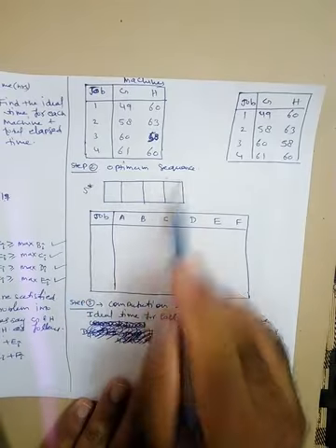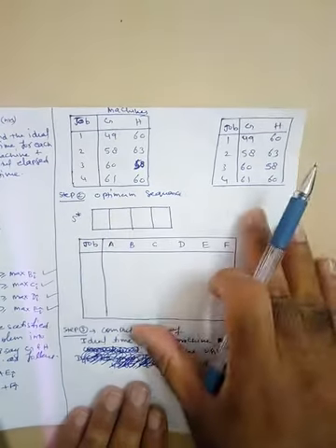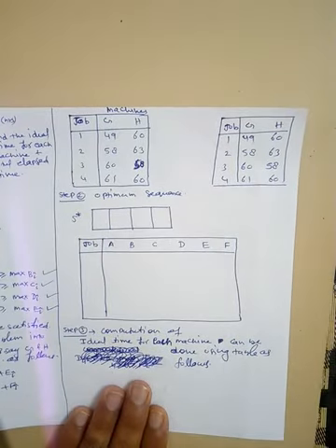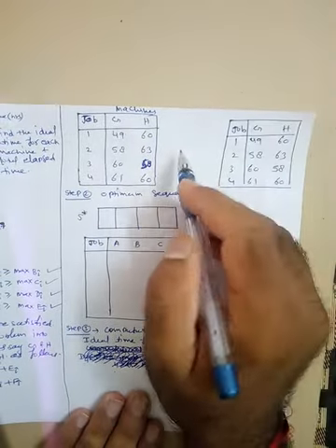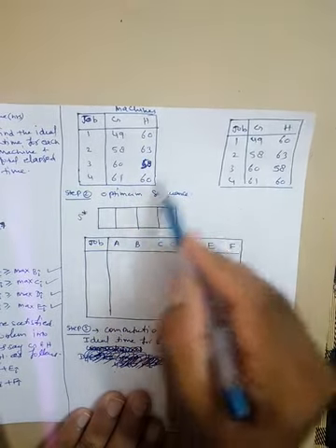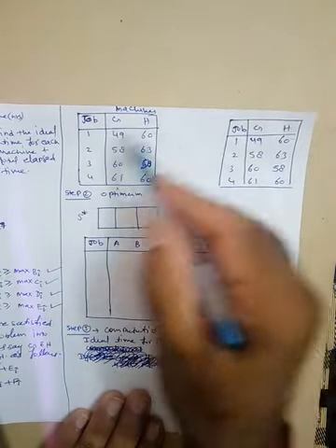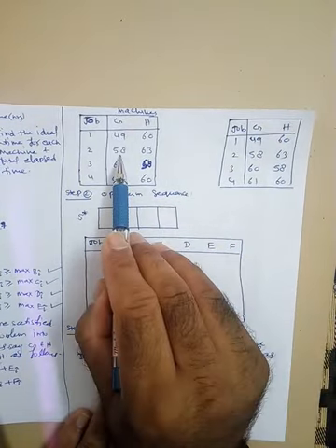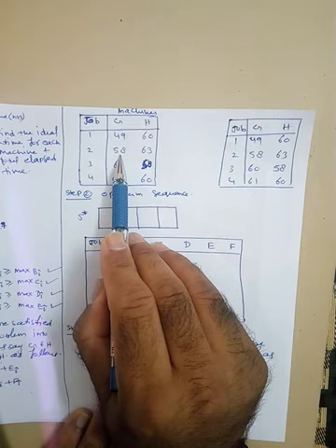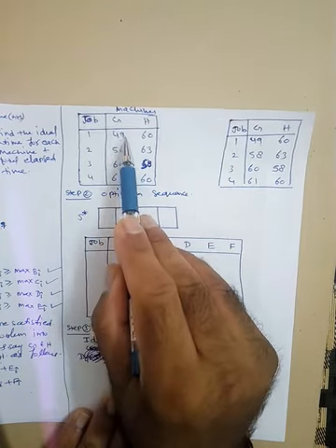Find the optimum sequence. So for the optimum sequence we will do the usual procedure. What was the usual procedure? Find out the minimum of this. What is the minimum? Minimum is 58, sorry, 49.